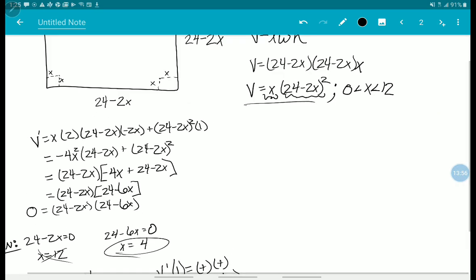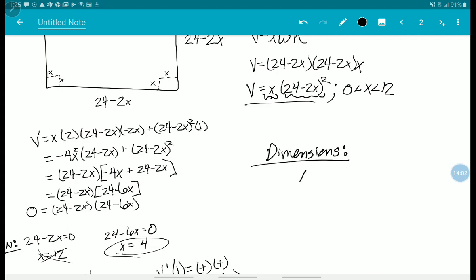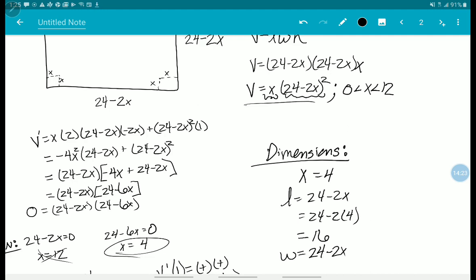So now let's go back and look at our dimensions. We know x has to be 4, so that's going to be the height of this box. The length is 24 minus 2x, which is 24 minus 2 times 4, which is 16. And the width happens to be the same thing in this case, since our width was also 24 minus 2x.